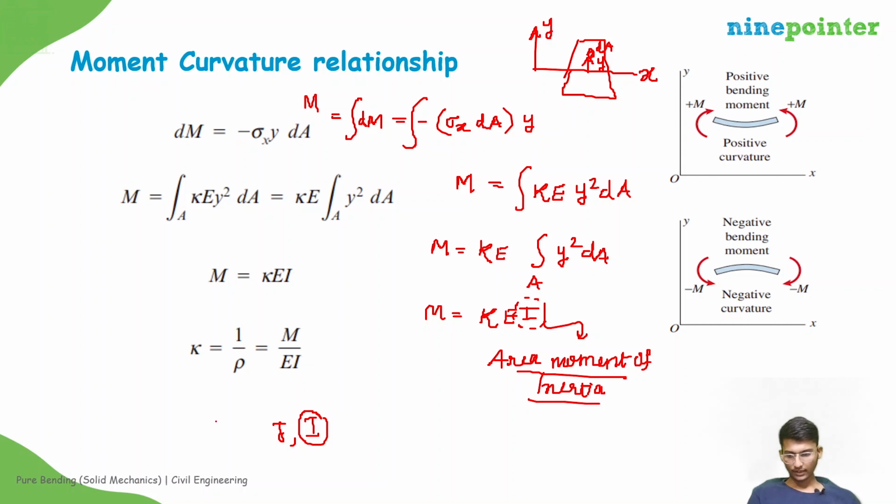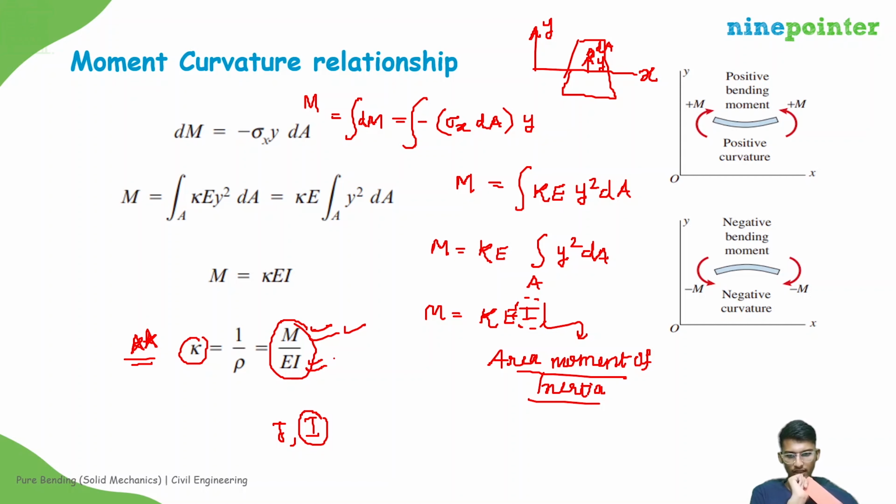So from this we get curvature kappa equal to M by EI. We know that for pure bending, the bending moment remains constant. So this M is constant. And for a prismatic bar, made of a single homogeneous and isotropic material, the value of E and I will also be constant for that given beam.